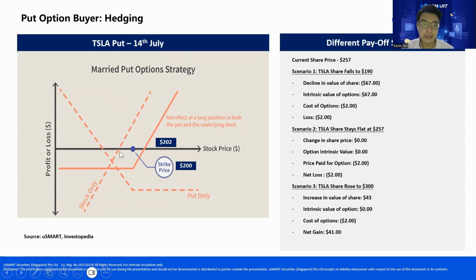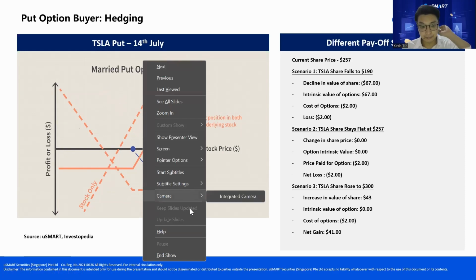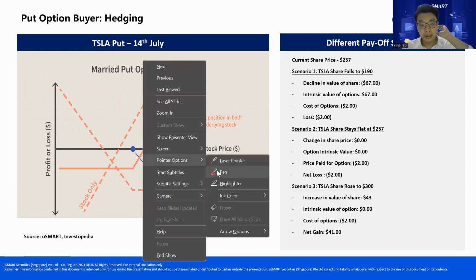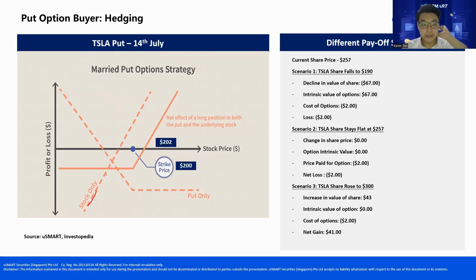The first dotted line is the share price, and the share price typically will move up and down, and your P&L will correspond accordingly.